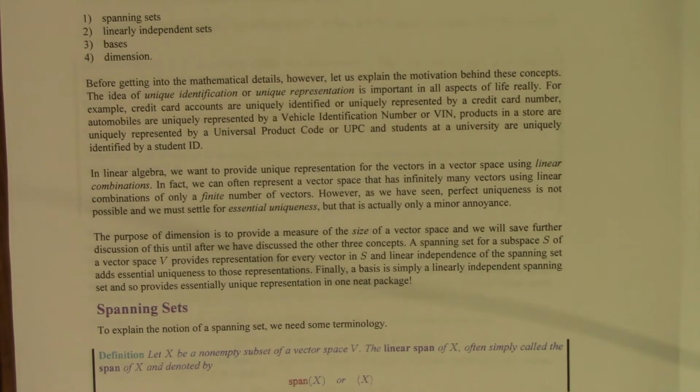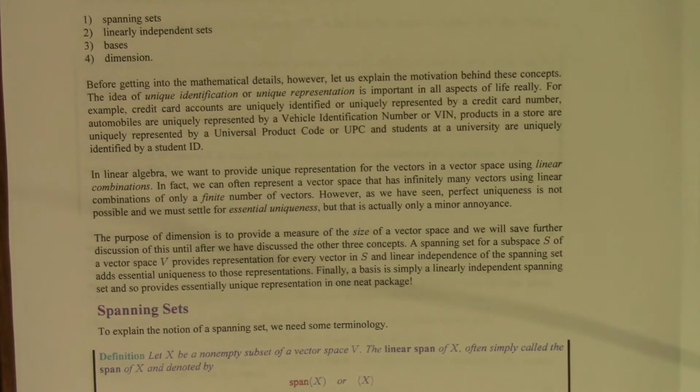A spanning set for a subspace S of a vector space V provides representation for every vector in the subspace. Linear independence of a spanning set adds essential uniqueness to the representation.